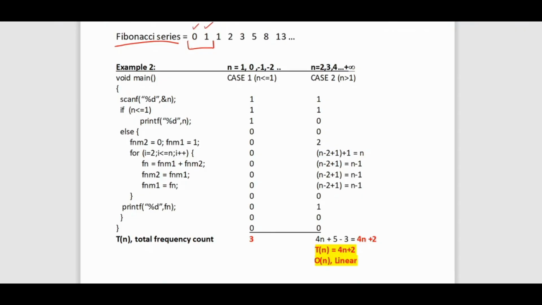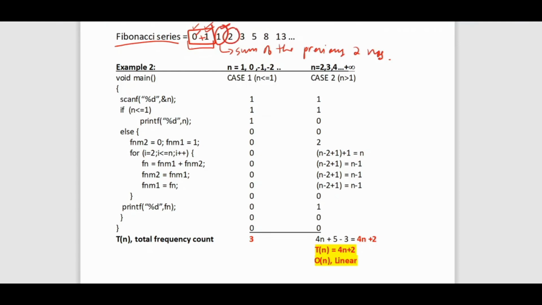The next number in the series would be computed by getting the sum of the previous two numbers. So this is 1 because the sum of the previous two numbers is 1: 0, the first number, plus the second number 1. So 0 plus 1 is 1. That's why this one is 1.